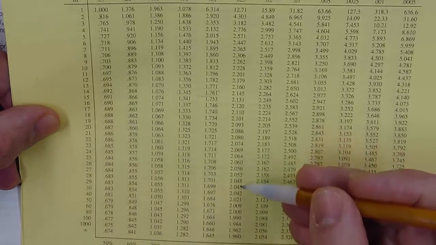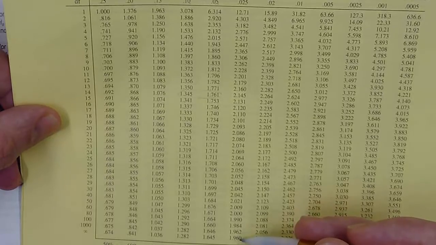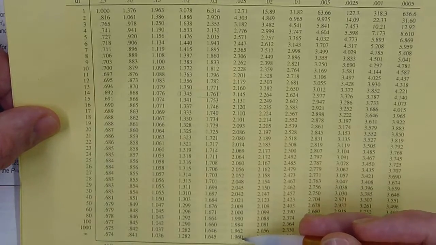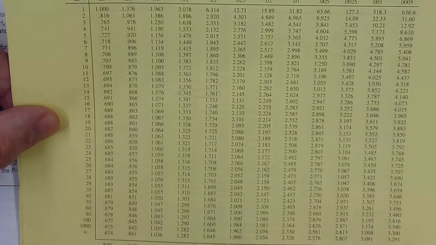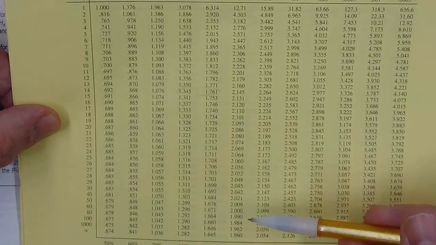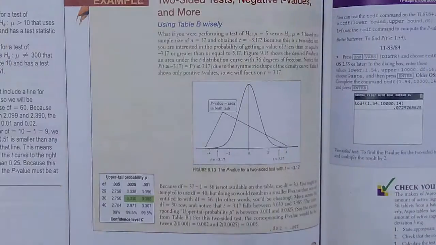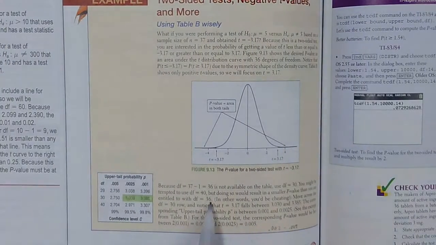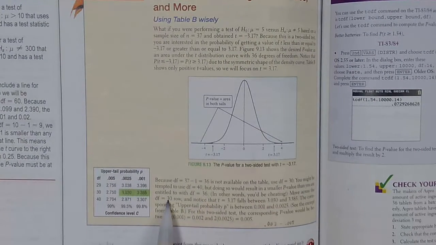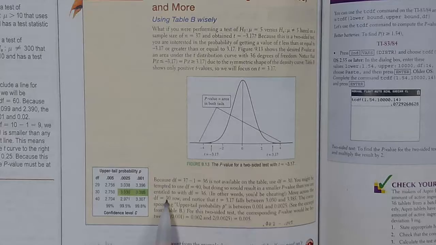We don't want to go down and then make our confidence interval smaller and then our capture rate's not living up to advertised. So you kind of do the same thing. So we're kind of already used to going up, all right? And that's what they're saying, we still go up, all right? So when we have degrees of freedom 36, instead of going down to 40, we go up on the chart to 30, okay? All right, so then we do the same thing.